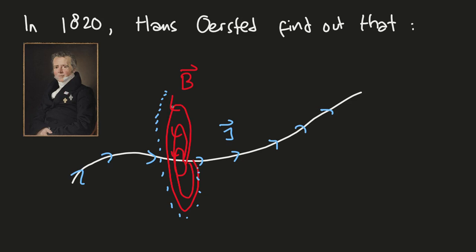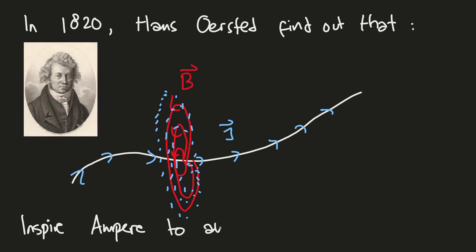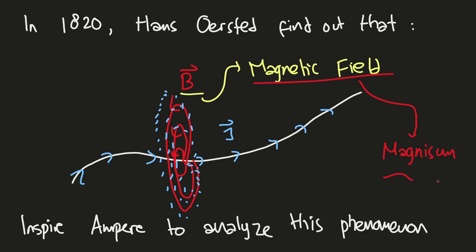Because of this field, dust or metal grains create a cylindrically symmetric pattern like this. This result inspired Ampere to later analyze this phenomenon, from which we know the B vector field as the magnetic field, which comes from magnetism in ancient times.